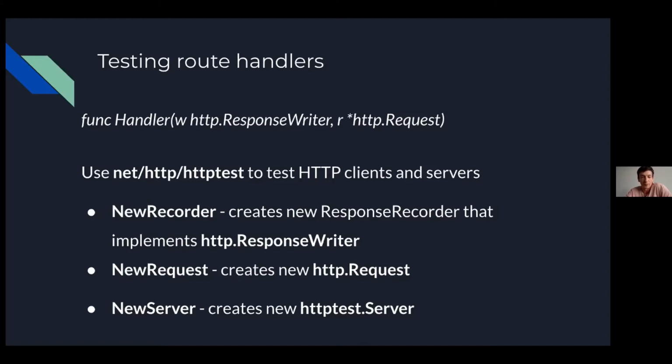It has a NewRecorder method, which allows us to create a response recorder that implements the response writer interface. It has a NewRequest method that initializes the request, and it also provides a NewServer method that allows us to create a stub of an HTTP server.